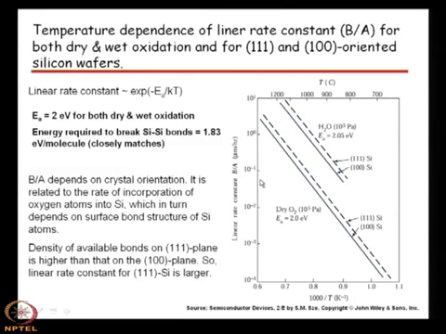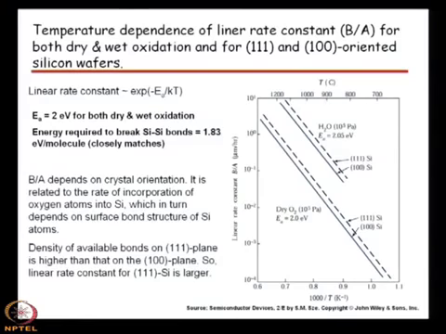If you have two samples, 111 silicon and 100 silicon, they must have different linear rate constants. For 111 the linear rate constant will be higher than for 100, because the number of available bonds is higher in silicon.